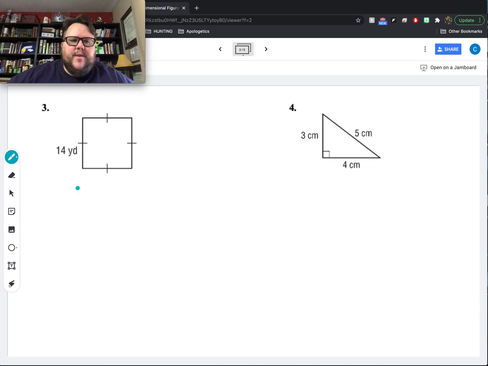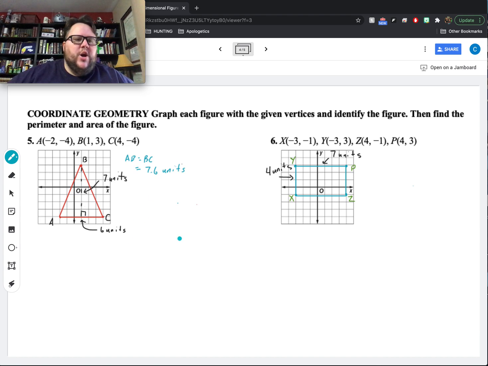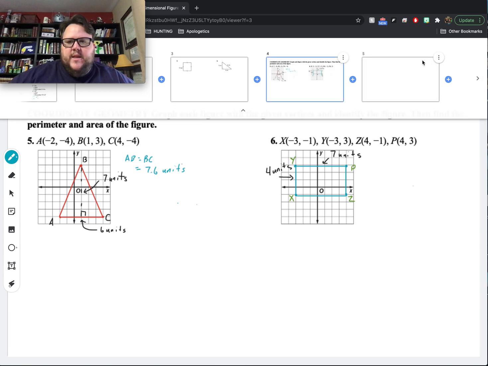And then you're doing the same thing. You got a rectangle and another triangle here. This one, you're going to go ahead and do it. I already graphed it for you. I already put the units for the base and the height and the length and the width here, but you guys can finish it out. And I believe that's it. There is no more.